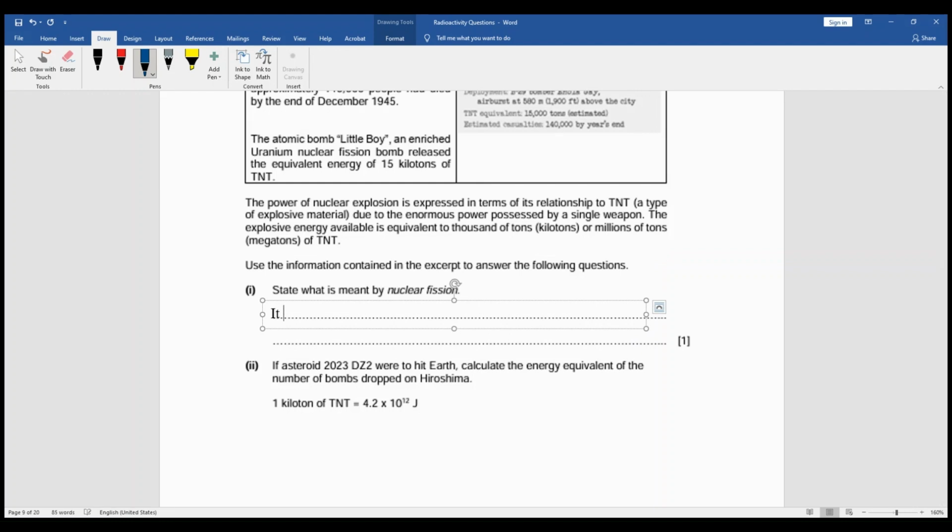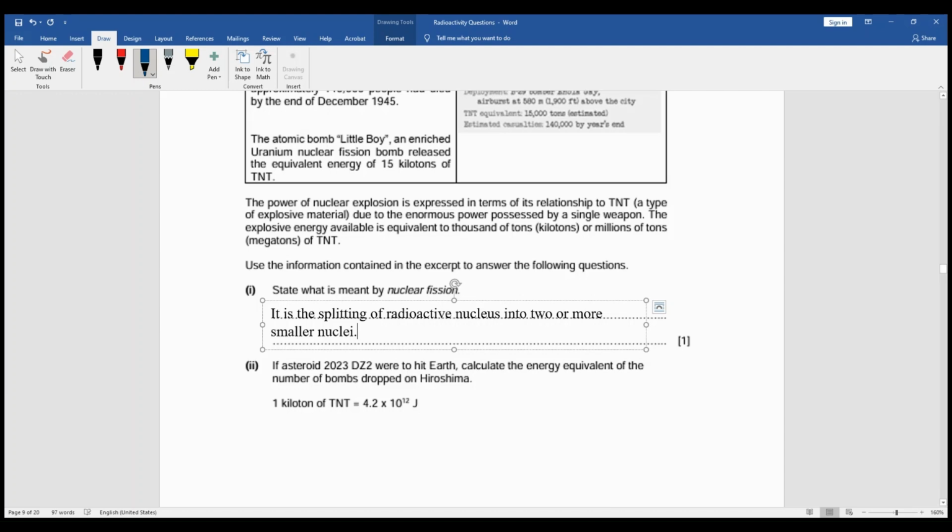It is the splitting of a radioactive nucleus into two or more smaller nuclei. I think you don't need to write about releasing energy, just like that.